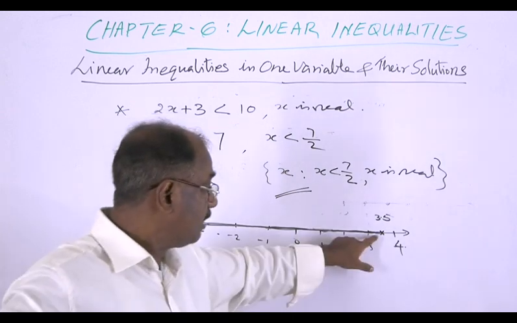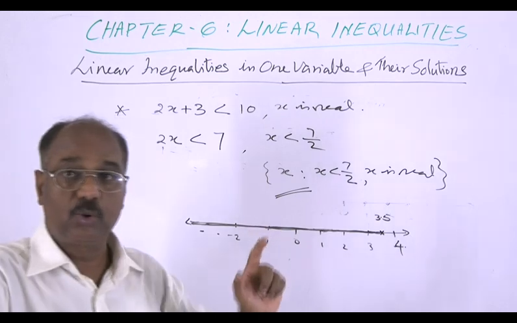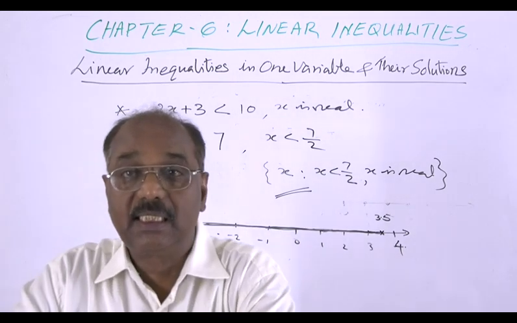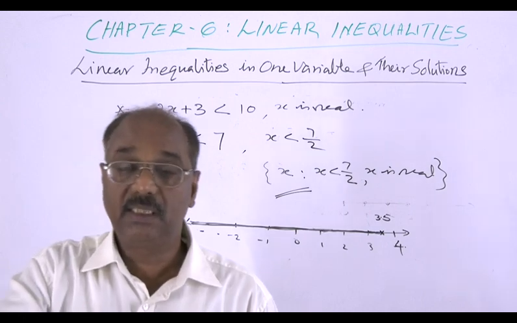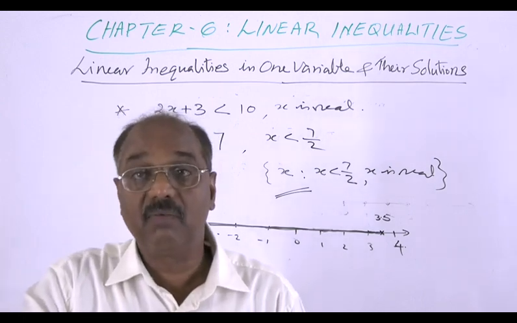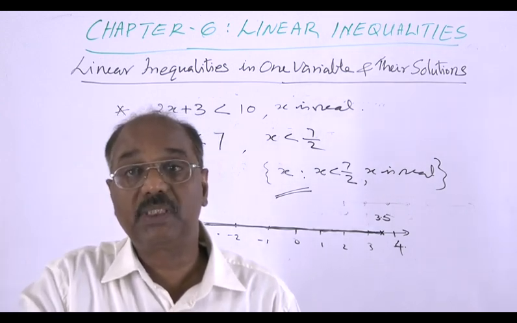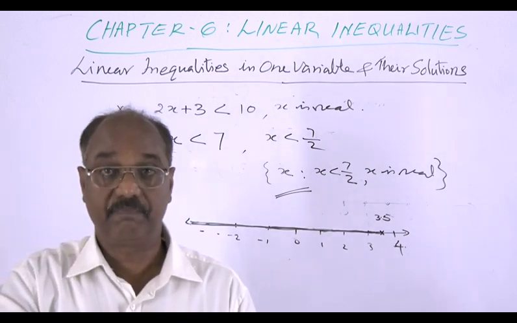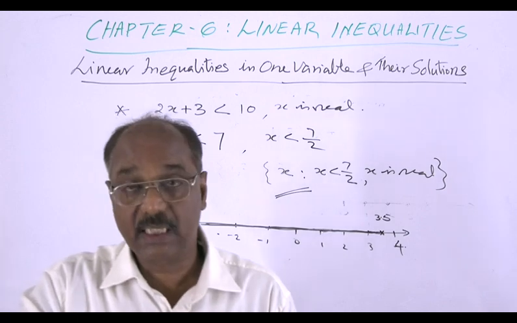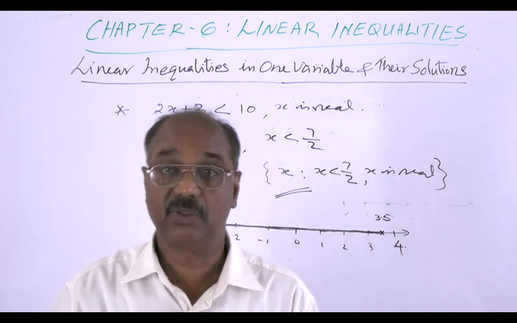So this bold portion constitutes the solution set graphically. In this way we can find the solution set of the inequality. We can have more examples in the next videos.